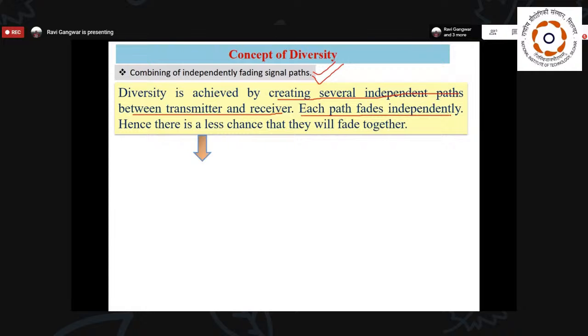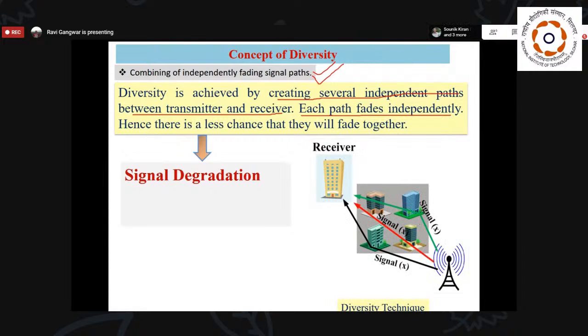What does it mean? The signal is going to go along different paths. For example, we have the transmitter side and that is the receiver side.